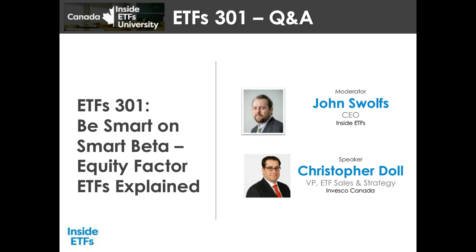Yeah, good question. I think it depends on what the strategy is tracking. If the strategy is tracking a widely recognized smart beta benchmark, and two ETF product providers are issuing products on that same benchmark, then there will be no difference. If the strategy is quantitatively driven or uses some internal methodology that's been developed, then yes, that will likely differ from other strategies out there.